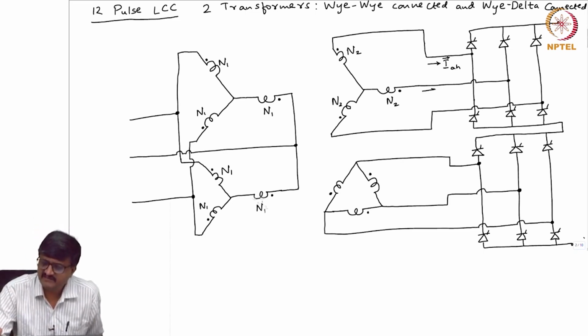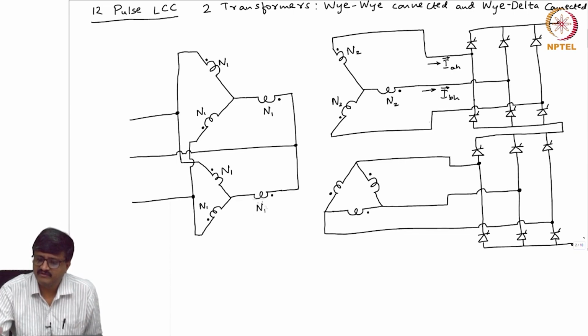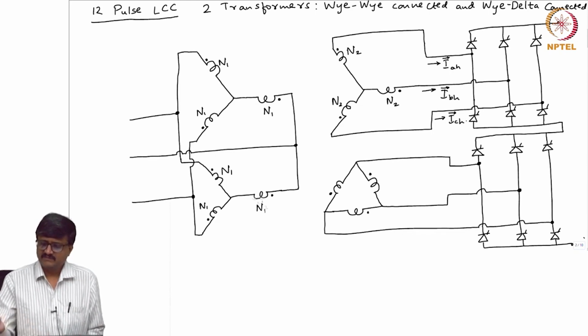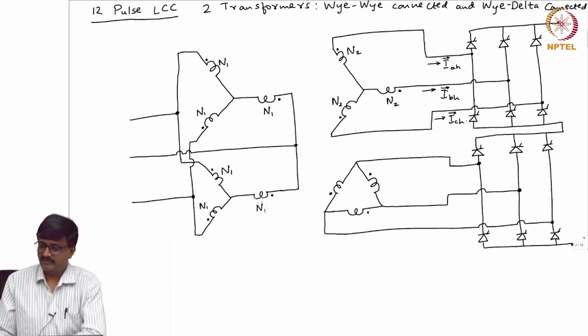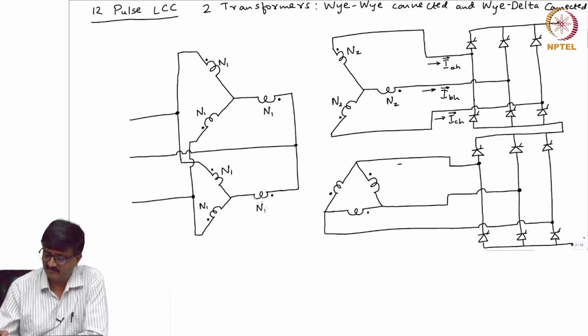Similarly, if I take the next B phase, the current here is IBH, and the current that is flowing in this wire is ICH. Now, there are currents flowing into the AC side terminals of the second 6 pulse LCC also.